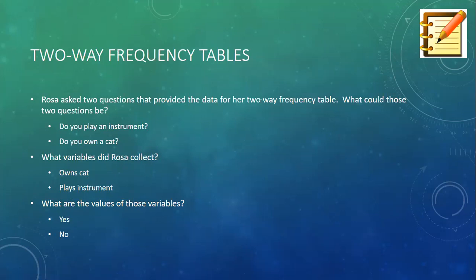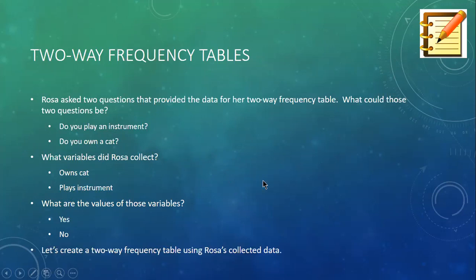Those are her two variables. So the two questions that she asked to get information about those variables are, do you play an instrument? And do you own a cat? So her two variables were cat ownership and playing an instrument, and her two questions were, do you play an instrument? And do you own a cat?